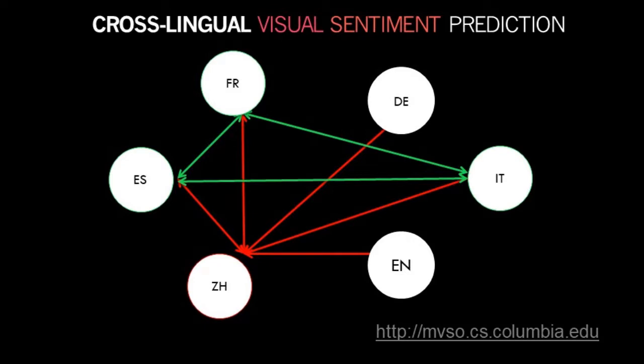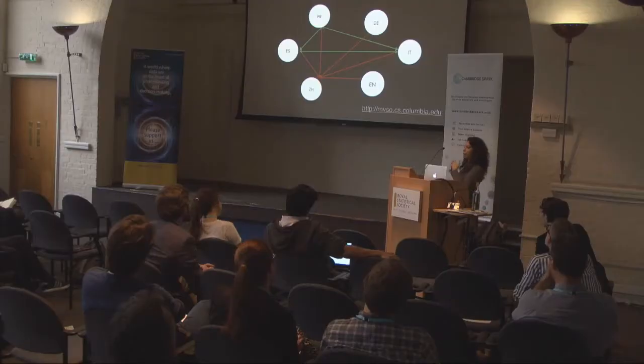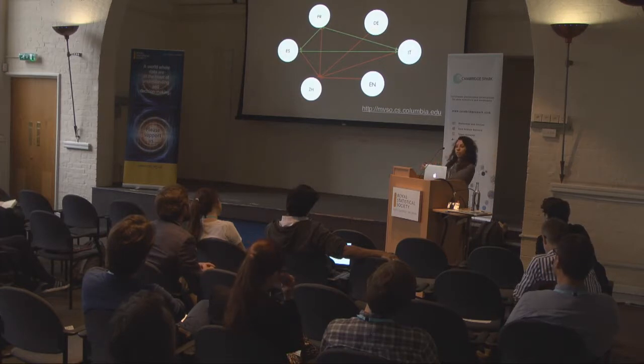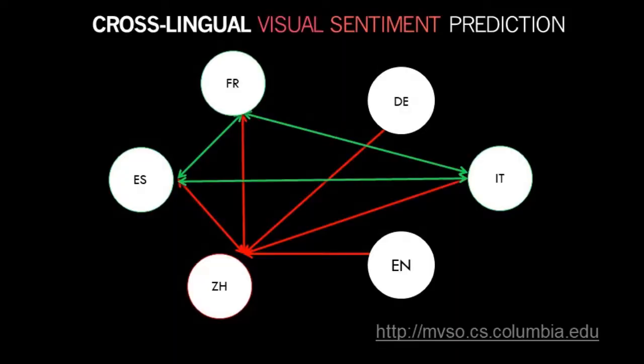And because we are also researchers, we can't just stop there and say, hey, we found these detectors. We also want to understand whether they make sense and whether they can tell us something more. So we compare the underlying data distribution of these sentiment models. And what we find is that, among the language communities we consider, the Chinese sentiment model tends to be the most different compared to all the others, while the sentiment models from Latin cultures, so Italian, French, and Spanish, tend to be very similar.